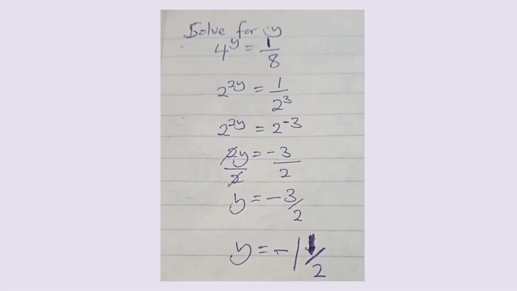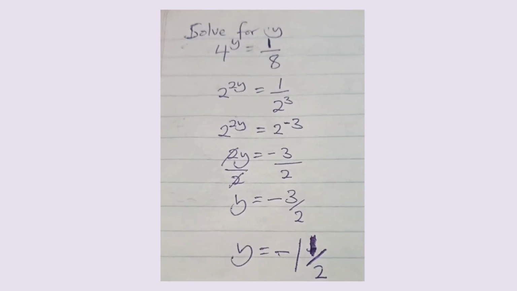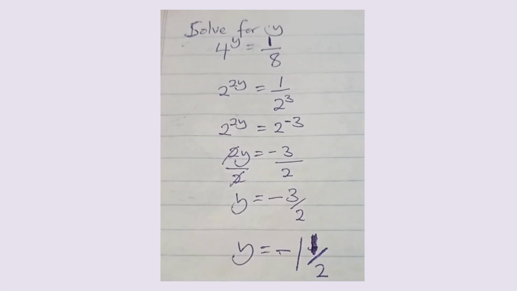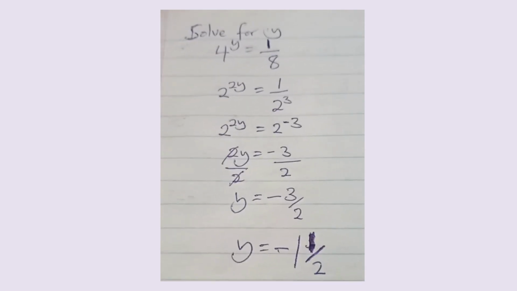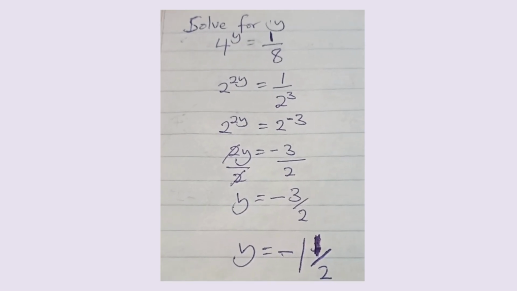Now, because there is y attached to the power of 4, when we are attaching the 2 to the 2, we need to attach y to it. So here we have 2 to the power 2y, which is equal to 1 over 2 to the power 3.